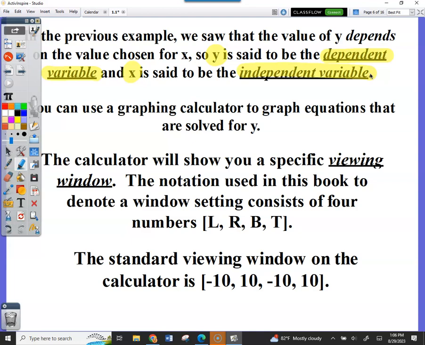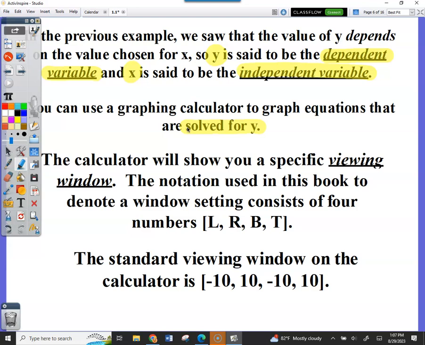Sorry, wrong class. X is independent and determines Y. Okay? Highlight that. Also remember, you can use a graphing calculator to graph equations that are already solved for Y. You have to have it in terms of Y, meaning Y is by itself, before you go to graph it in Y equals. Hence the reason the button is said Y equals. Okay?